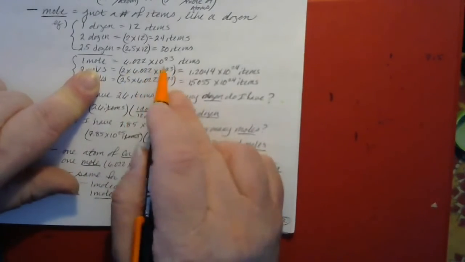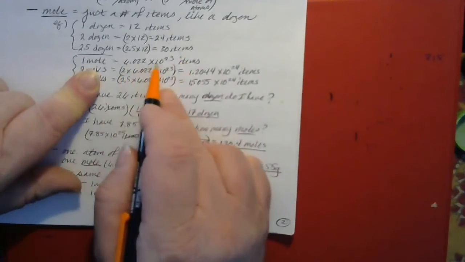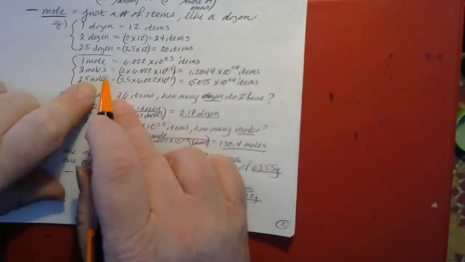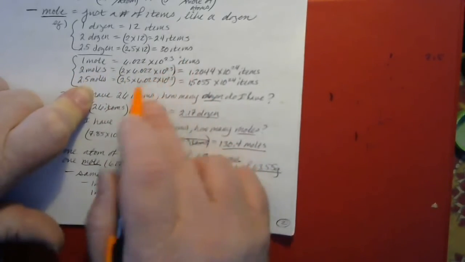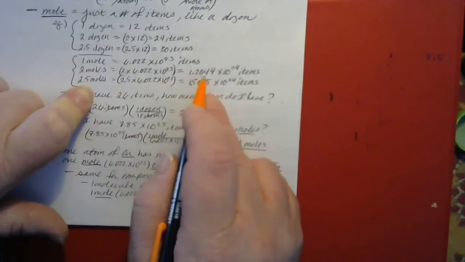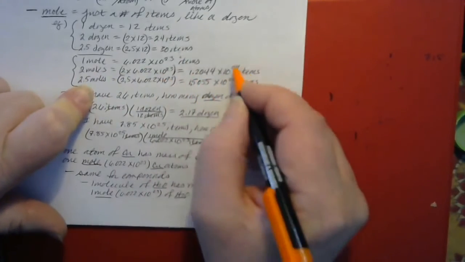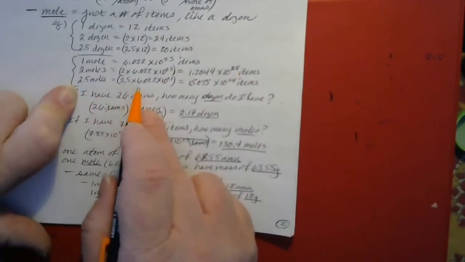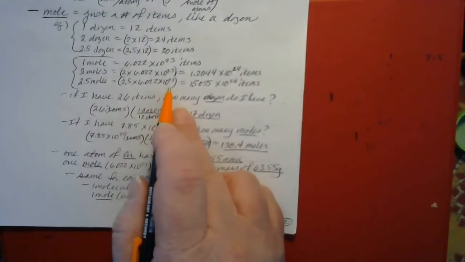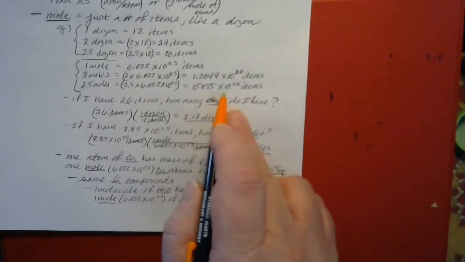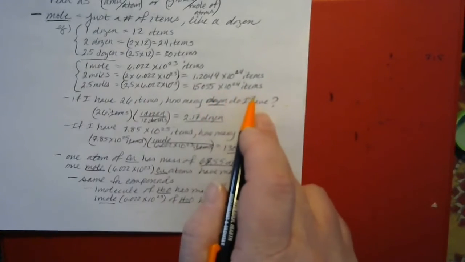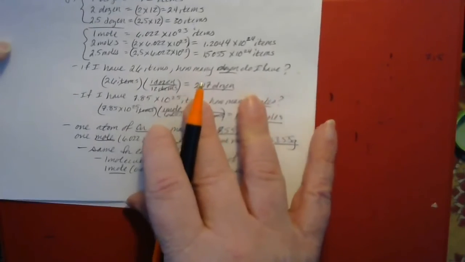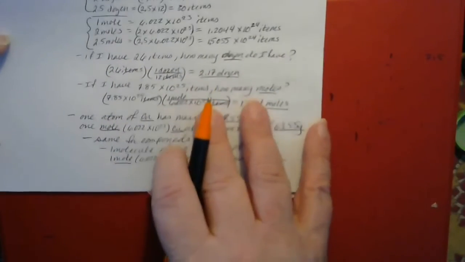Well, 1 mole of something, anything, is 6.022 times 10 to the 23rd of whatever those items are. 2 moles would be 2 times 6.022 times 10 to the 23rd, or 1.2044 times 10 to the 24th items. 2.5 moles would be 2.5 times 6.022 times 10 to the 23rd. That's 1.5055 times 10 to the 24th items. So we're dealing with numbers here that are not as convenient as 12, but it's the same concept.